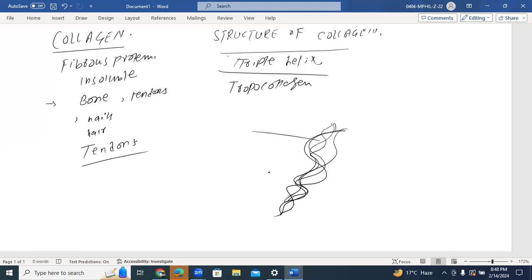They will combine with one another through covalent bonds, and they will also combine with the help of hydrogen bonding as well, right?